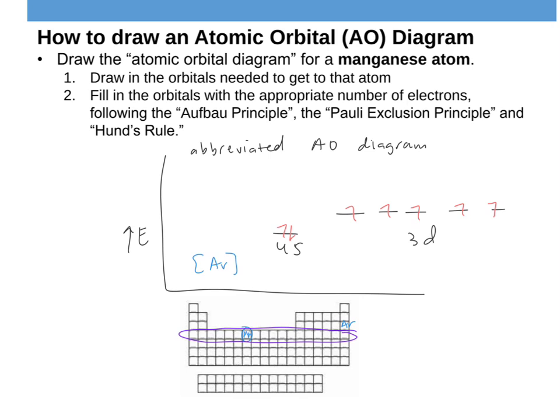And if you're clever about this, I know there are 7 valence electrons because there are 7 spots to get to manganese. 1, 2, 3, 4, 5, 6, 7. So manganese is in the 7th box on the periodic table, and so I know there are 7 valence electrons.